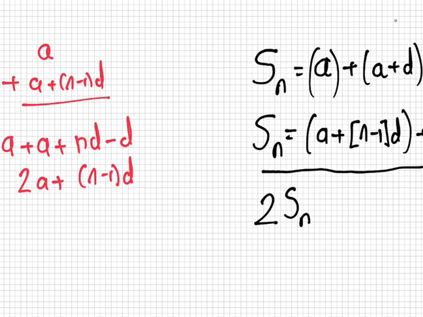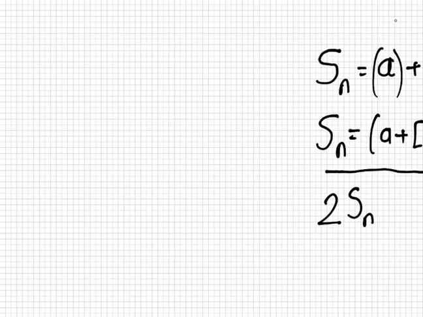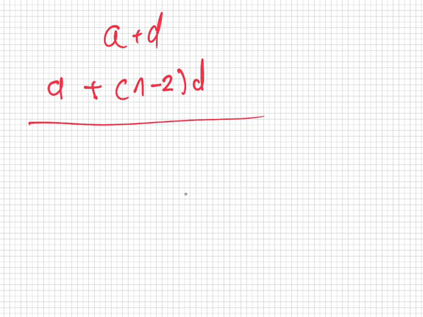Now, if I was to do the next one, let me have a look at the next one. It would be a plus d, and then underneath it'd be a plus n minus 2d. Now let's add them together.